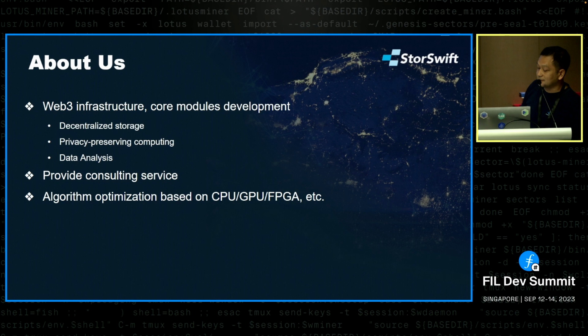Moreover, we also provide a consulting service for customers and provide project-related algorithm optimization solutions based on CPU, GPU, FPGA, etc. We work in close cooperation with facility suppliers such as Intel, AMD, Alibaba.